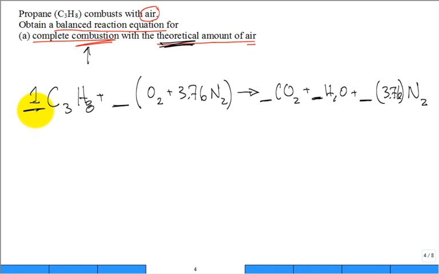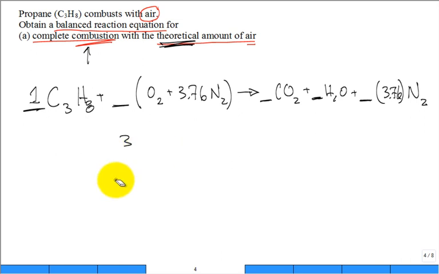Now the next thing you do is you say, I need to balance this equation. Let's do the carbon first. You don't have to, but let's do the carbon first. If I look, how many carbons do I have on the left-hand side? I have 3 carbon kilomoles, or 3 carbon moles, or whatever you want to count.